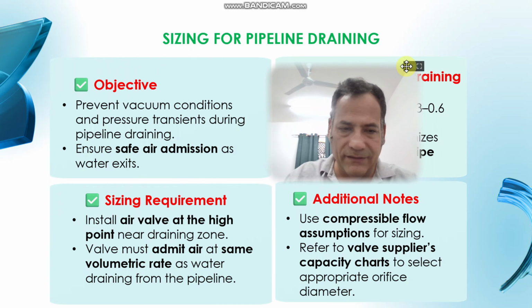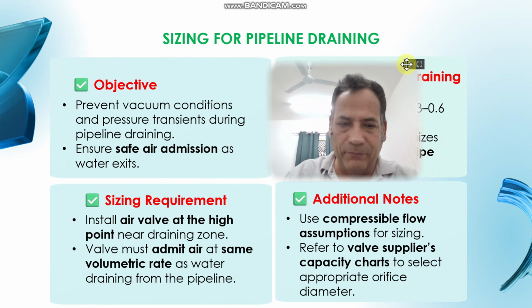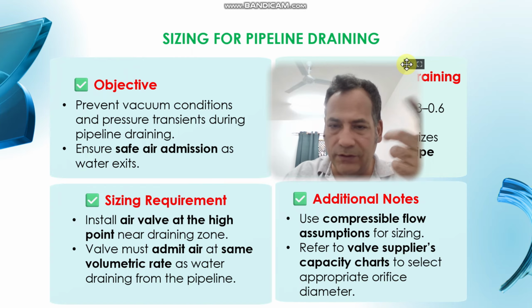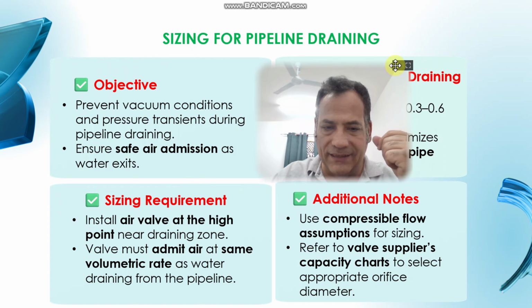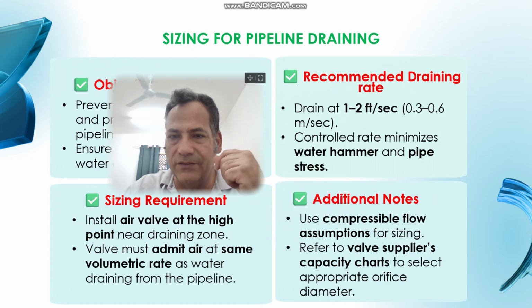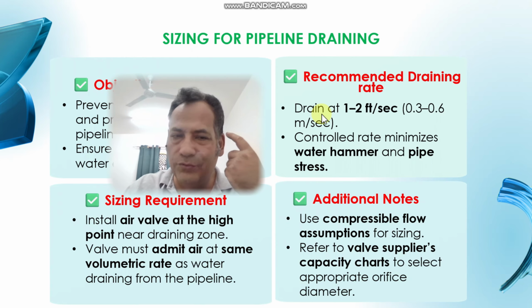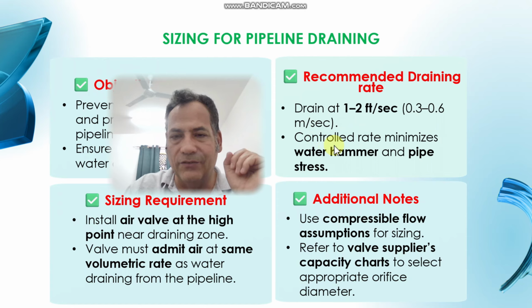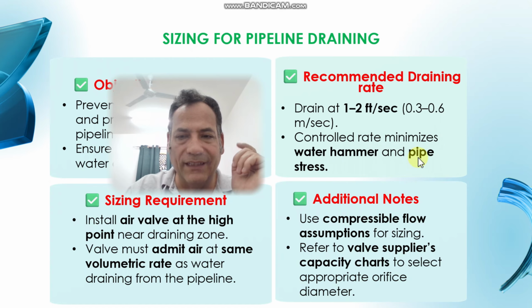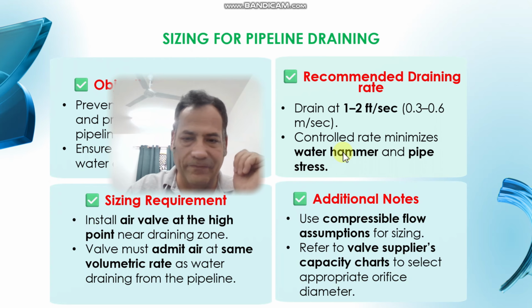For the sizing requirement, we need to install the air valve at the high point near the draining zone, and the valve must admit air at the same volumetric rate as water draining from the pipeline. For the recommended draining, we need to consider a design drain velocity of 0.3 to 0.6 meters per second, and the controlled rate minimizes water hammer and pipe stress.